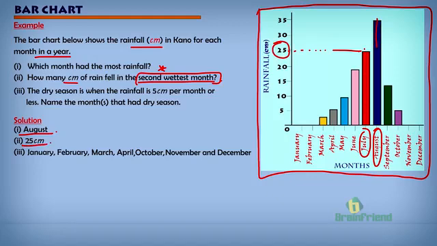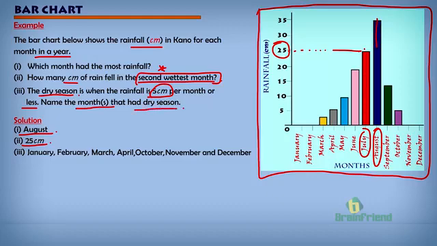The last question says, the dry season is when the rainfall is 5 centimeters per month or less. It means that every month that has 5 centimeters or less becomes the dry season. We've been asked to name the months that fall into this category, that is, the months that had dry season.